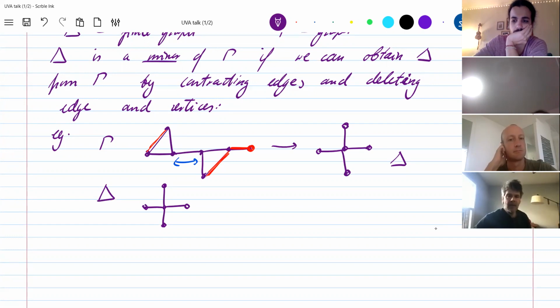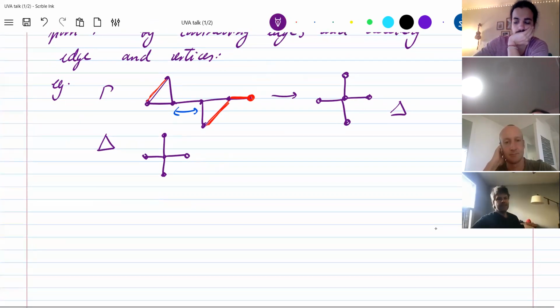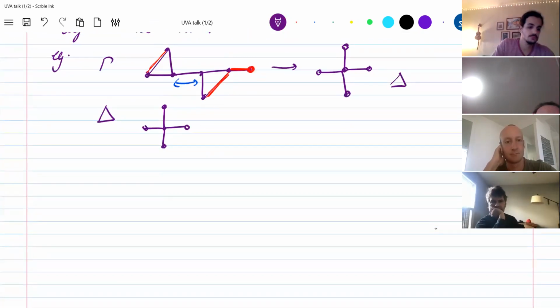So another way of phrasing being a minor. I'm going to write my notation for being a minor as this symbol here.